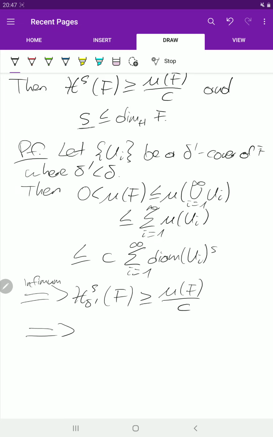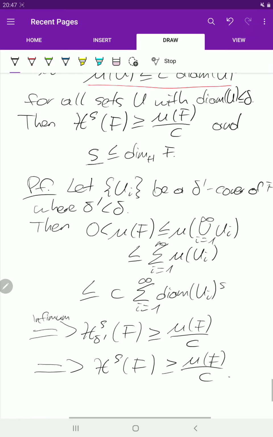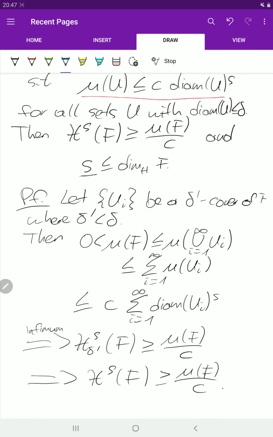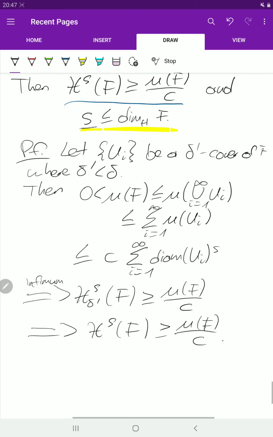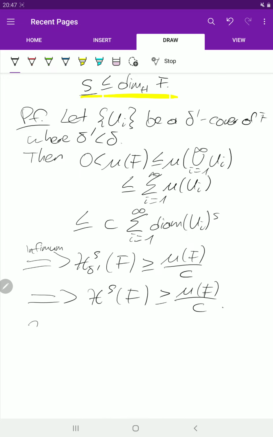This inequality, of course, still holds, so we get that H^s of F is at least the mass of F divided by c. And so we've proven the first claim. The second claim follows immediately from the definition of the Hausdorff dimension.